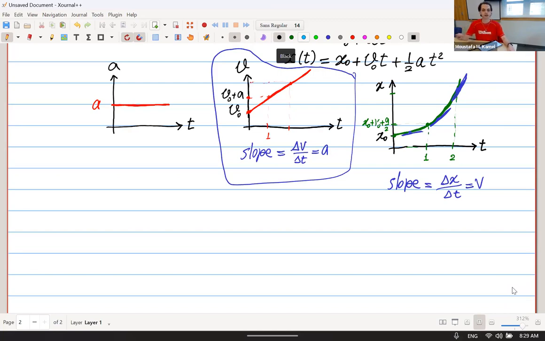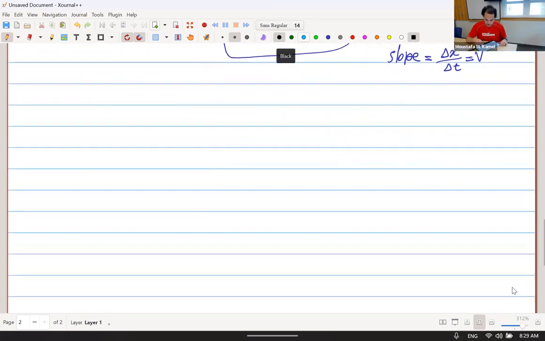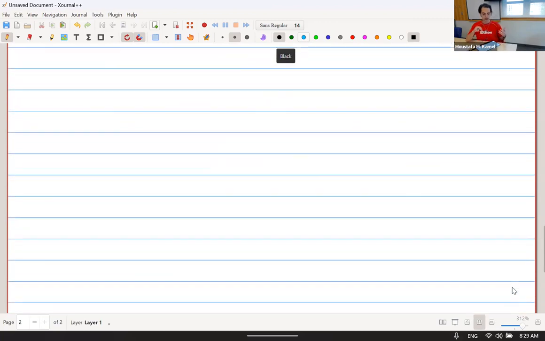So in a sense, graphs are more generalizable than equations, okay? If we are given an equation, we can extract from it the quantities we want.